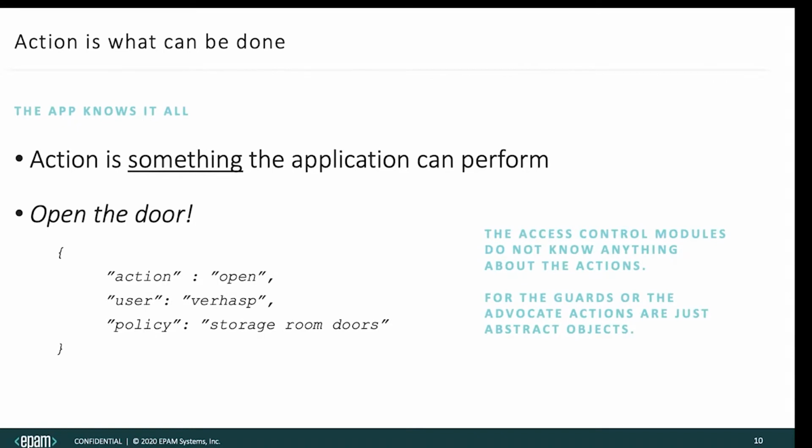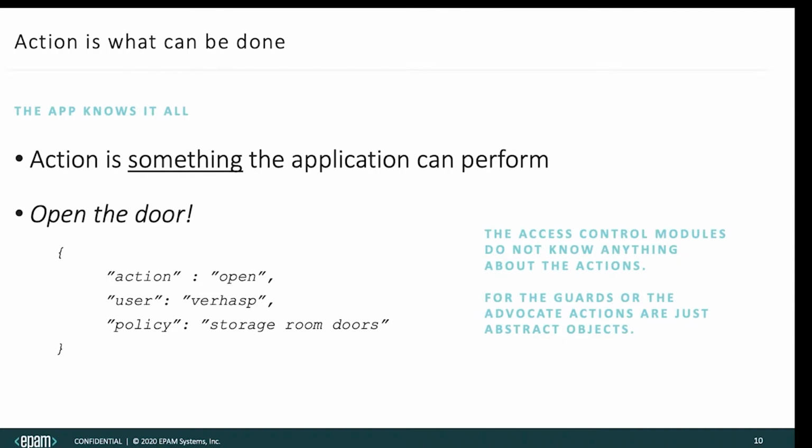So for example, if I define a door, for example, an internet IoT device door, there are real actions for a door, like opening a door, closing a door, locking, unlocking. Then open is an action. The advocate and the access control system don't know what it really is when you open a door, that the air can go through it or you can go through it, whatever. There are many physical consequences, but they don't care about it.